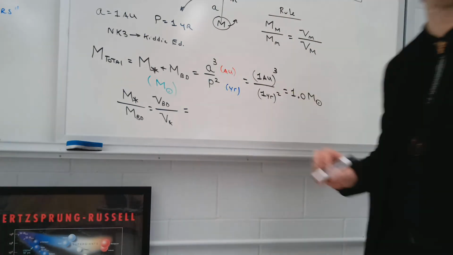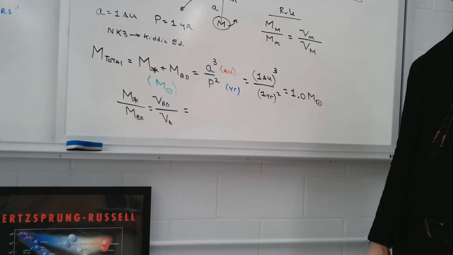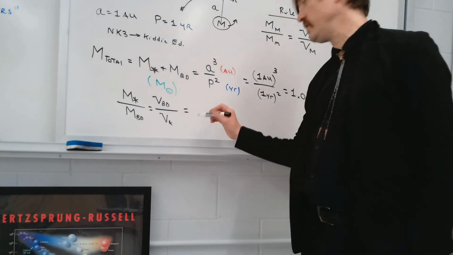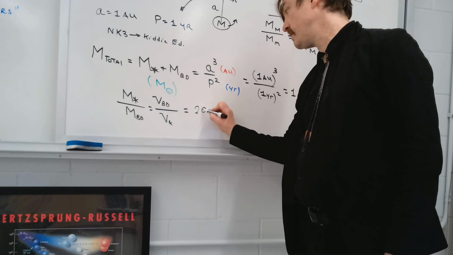Did you understand those words? The ratio of the brown dwarf's to the star's velocity is 20. That's all it said, right?